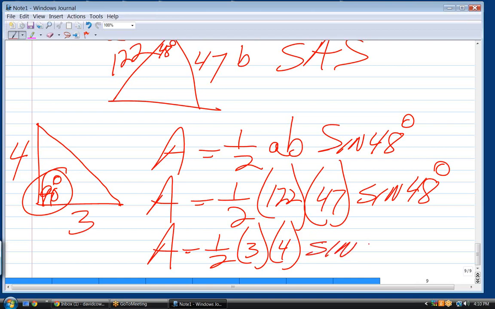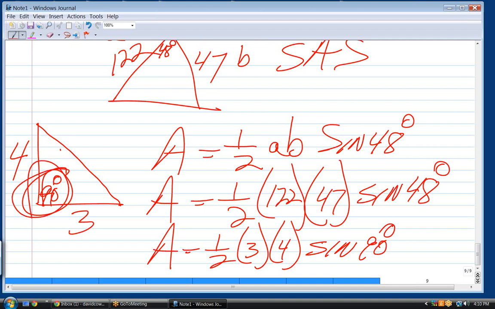Yeah, 1. Which means that it was really 1/2 base times height. Okay. So it's just 6. Right. But that's only for a right triangle, where that's 90 degrees.